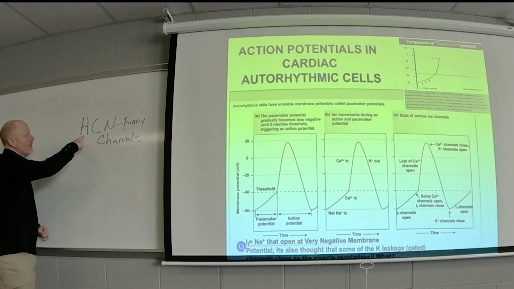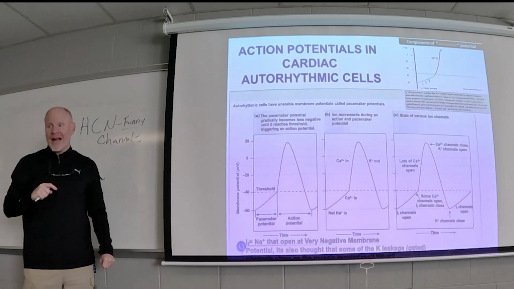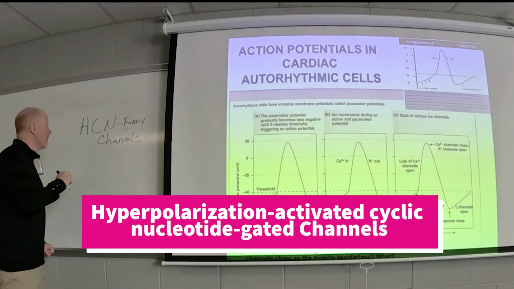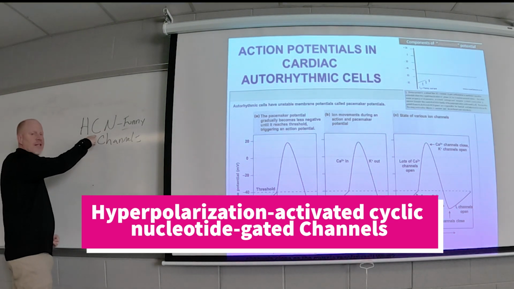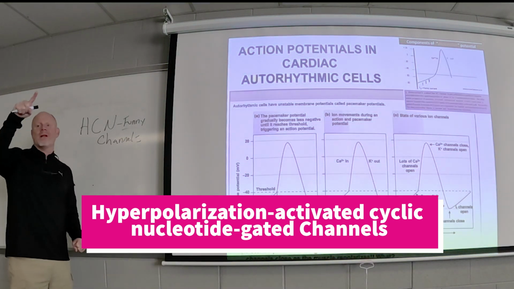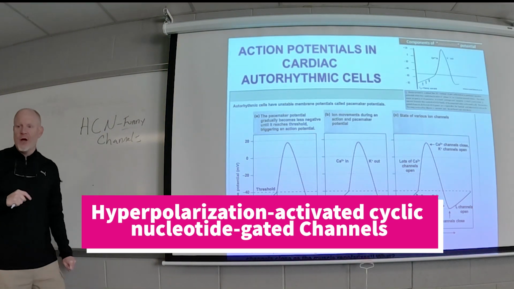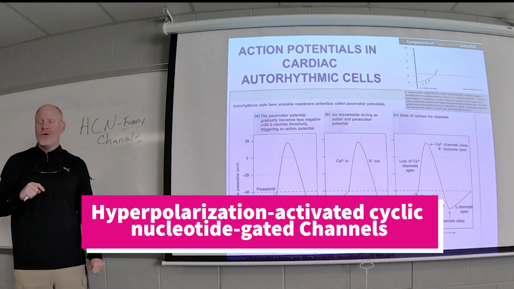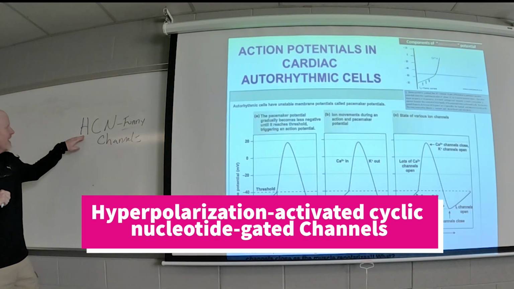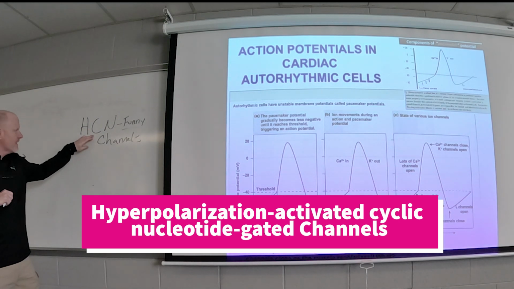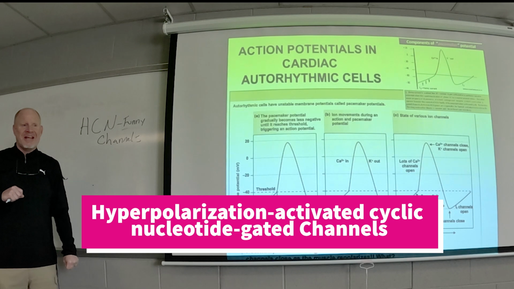What this stands for: the H stands for hyperpolarization activating. The C stands for cyclic because they open and close in a cycle. The N stands for nucleotide gated. So you've got hyperpolarization activating, cyclic, nucleotide gated channels. Now you know why they call them HCN channels.